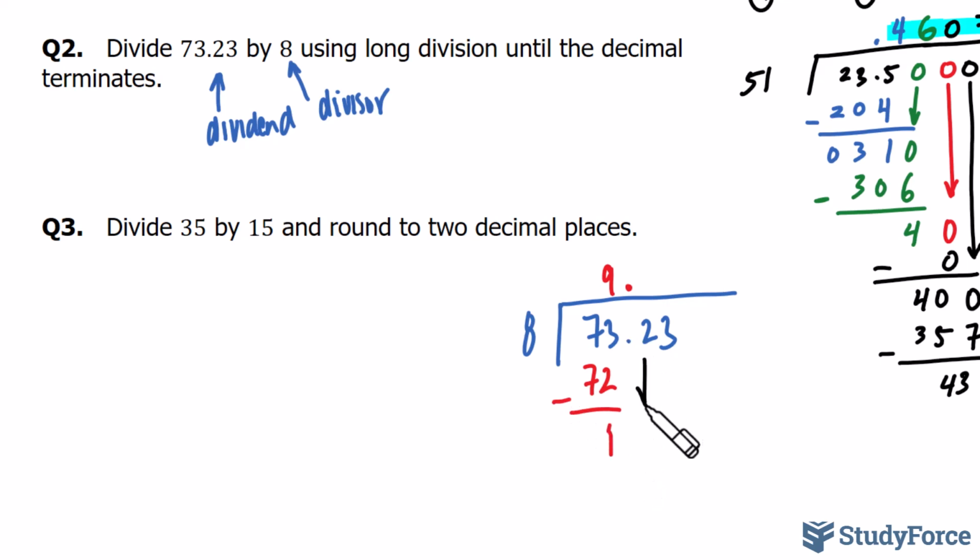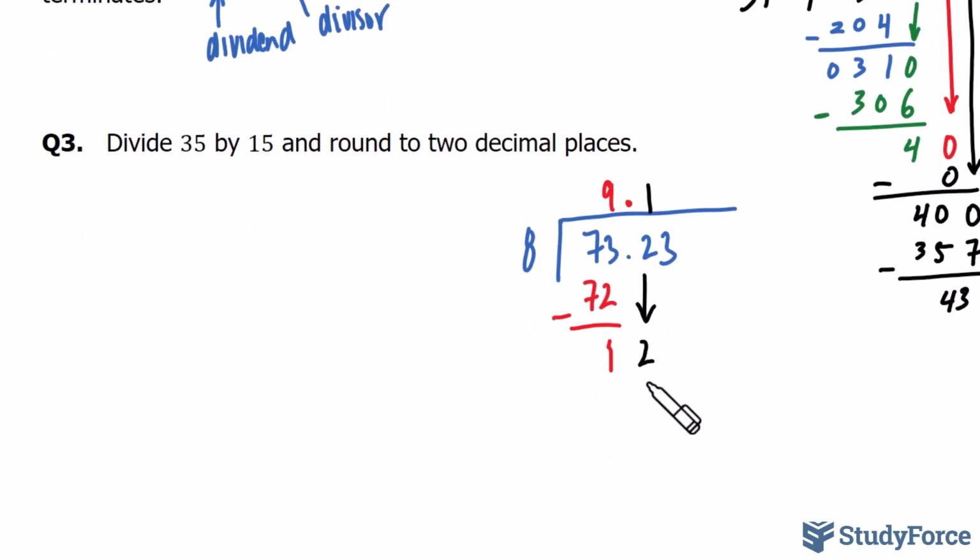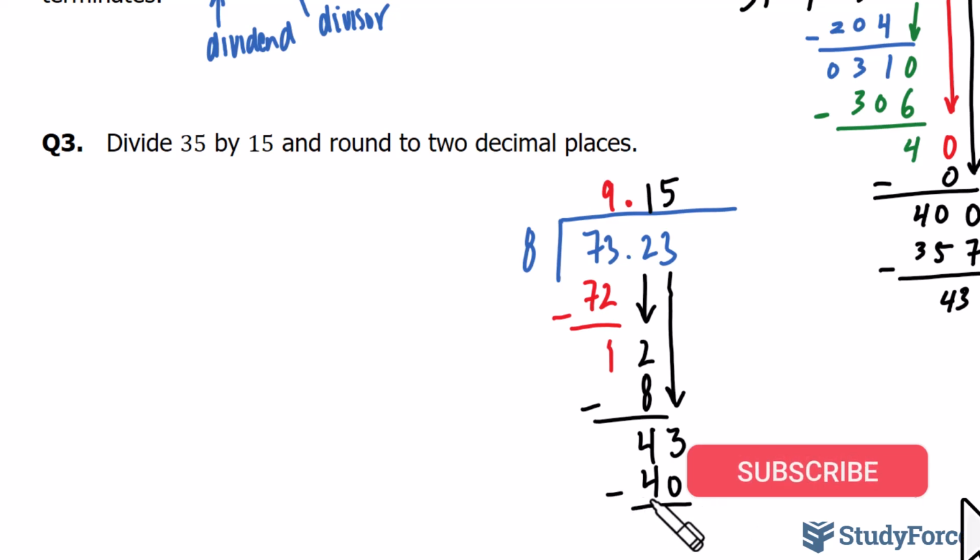We bring down the 2. 8 fits into 12 once. 1 times 8 makes 8, leaving us with a remainder of 4. We bring down the 3. 8 fits into 43 5 times. 5 times 8 makes 40. And when we subtract these, we end up with a remainder of 3.